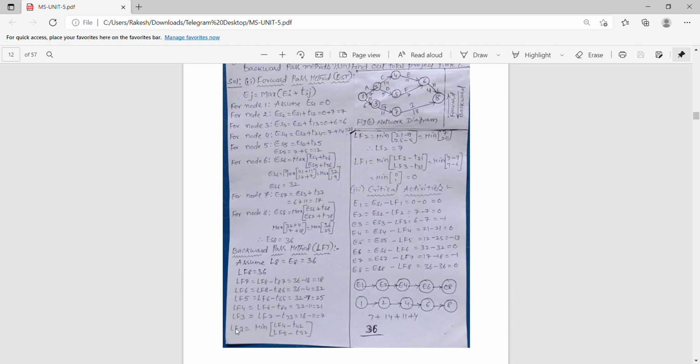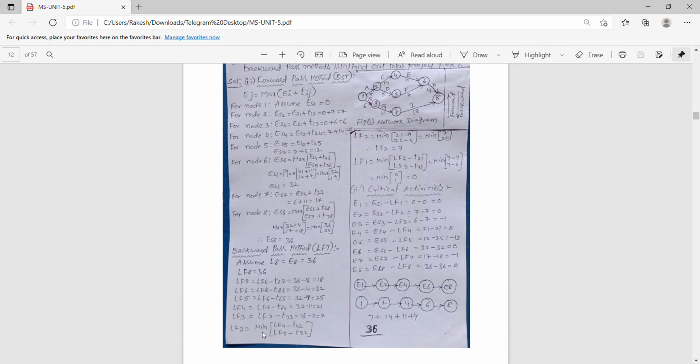And coming to lf2, it is merging. To find lf2, we have to take lf4 minus the time taken from 2 to 4, and lf5 minus the time taken from 2 to 5. From these two we have to take the minimum, because there should not be two paths, only one path should be there.